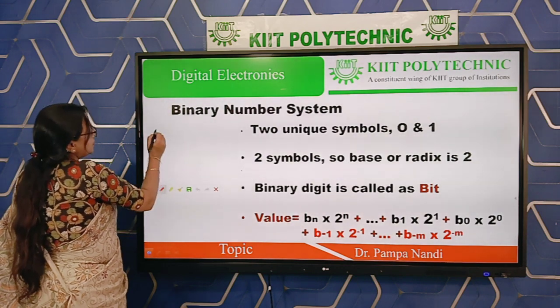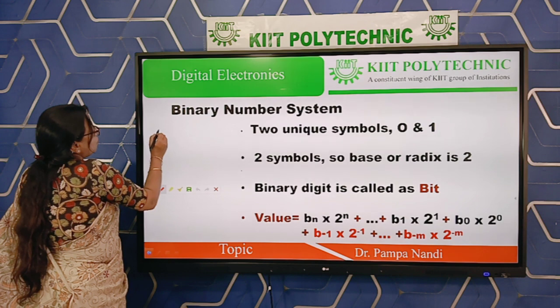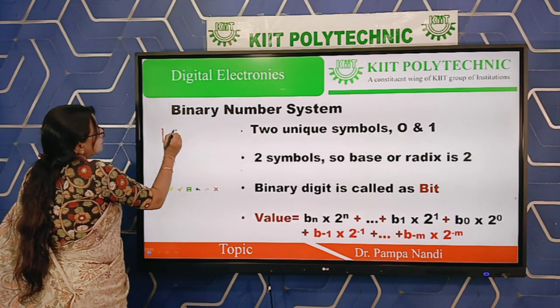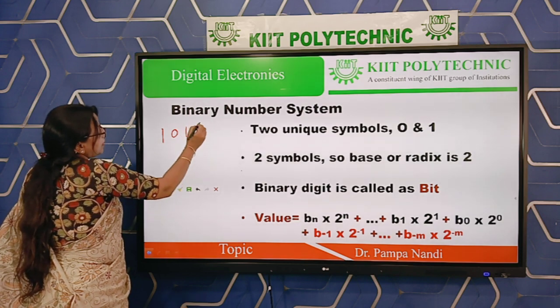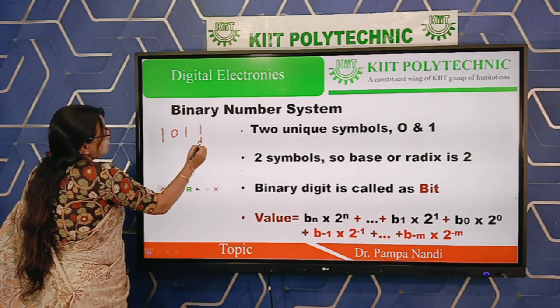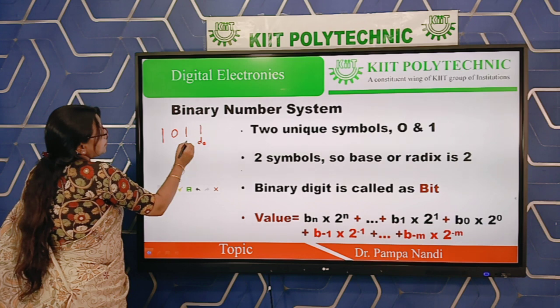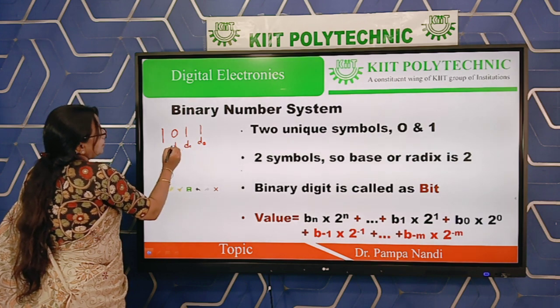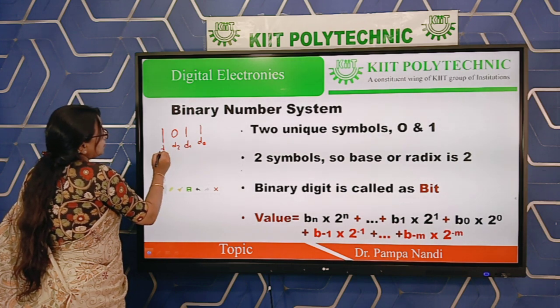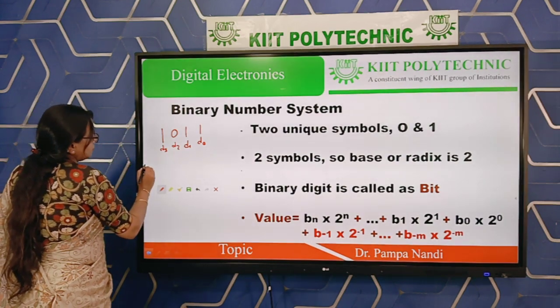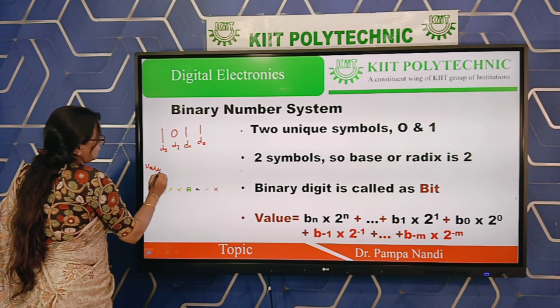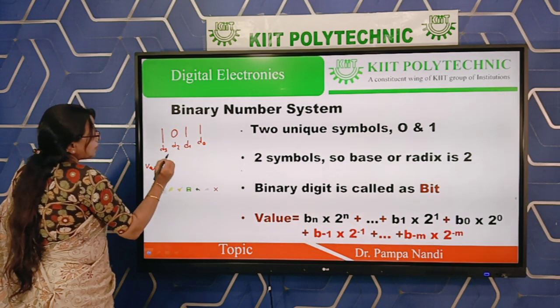Suppose here I am writing 1 0 1 1. So this is my D0, this is D1, D2, D3. Now I am going to calculate. So what is the calculation?